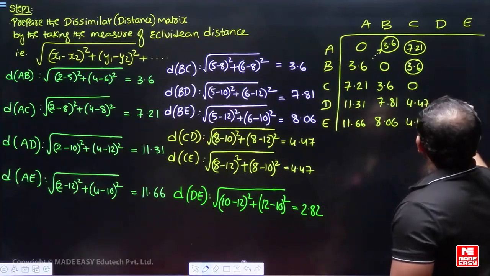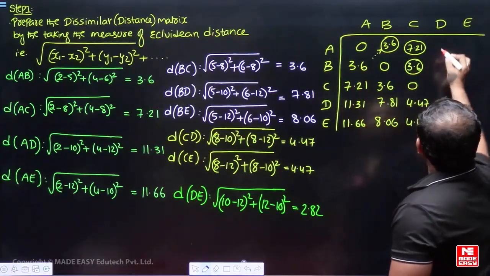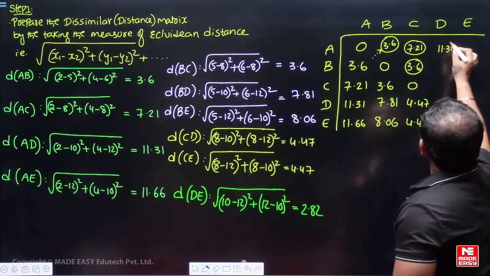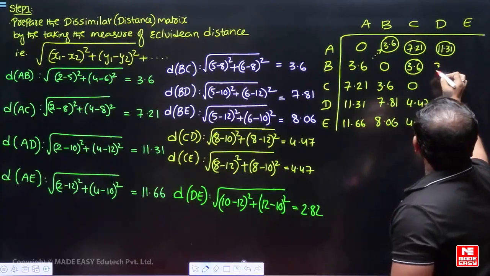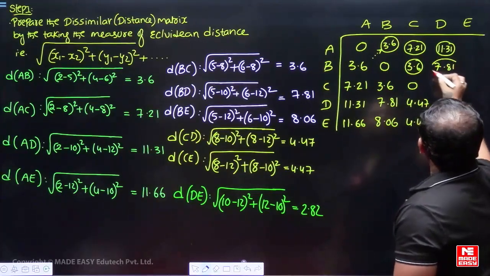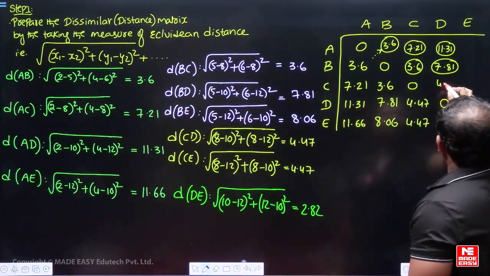Next D: D with D is 0. But AD and DA are the same, 11.31. Next 7.81, this is the same. And CD, DC are the same, 4.47.